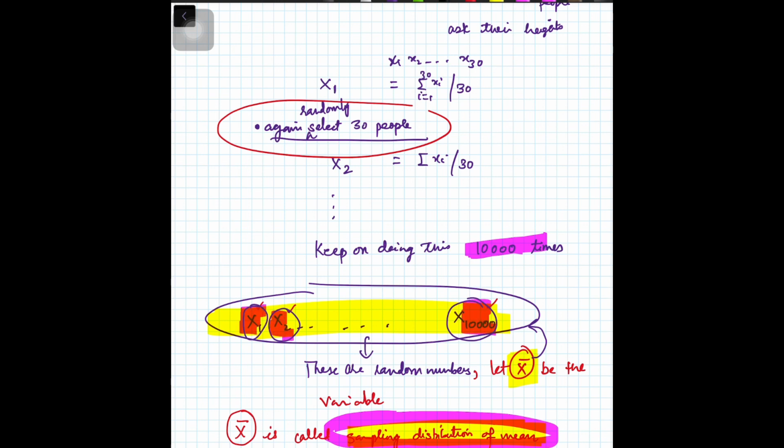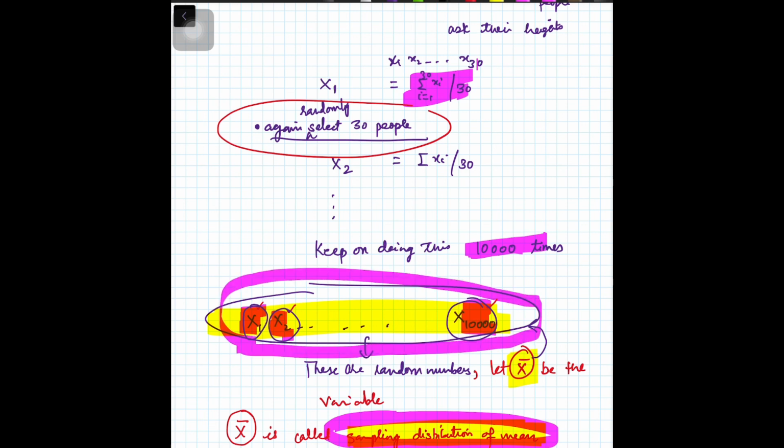These numbers are the averages of the samples, the average of 30 samples each time. This is called the sampling distribution of mean, and we will see that it follows some really interesting distributions that we'll discuss in the next video. I hope you understand what the sampling distribution of mean is. Thank you.